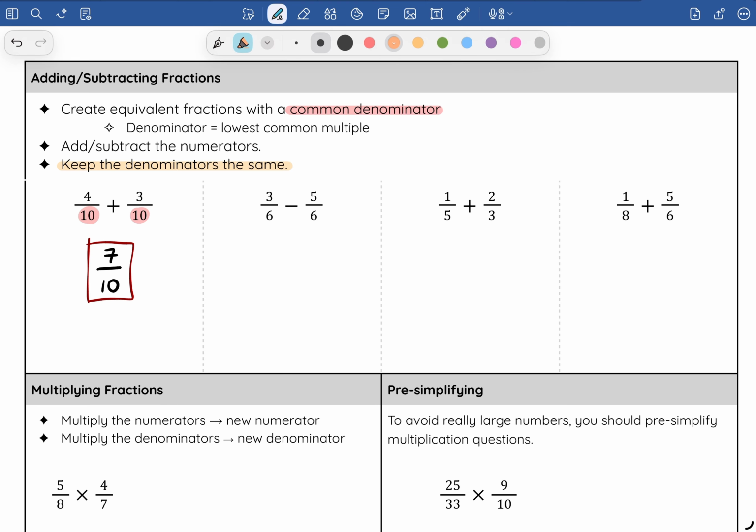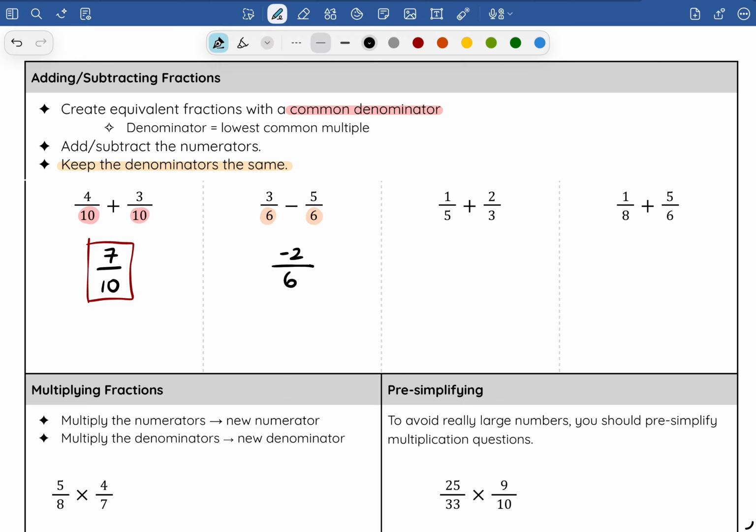Same idea. If we have matching denominators here, we want to double check what the sign is in the middle. This time we're subtracting. So we're asking ourselves, what is 3 minus 5? And so we will have some answers where kind of integer values, we have to remember what's happening. So we're starting at 3, we're subtracting 5. So that'll bring us to negative 2. And again, we keep the denominator the same.